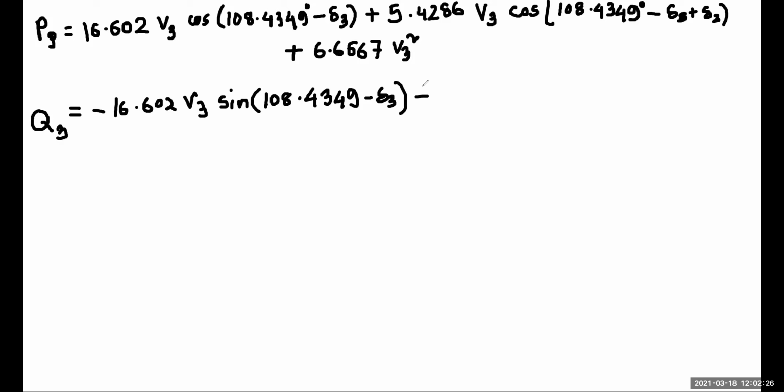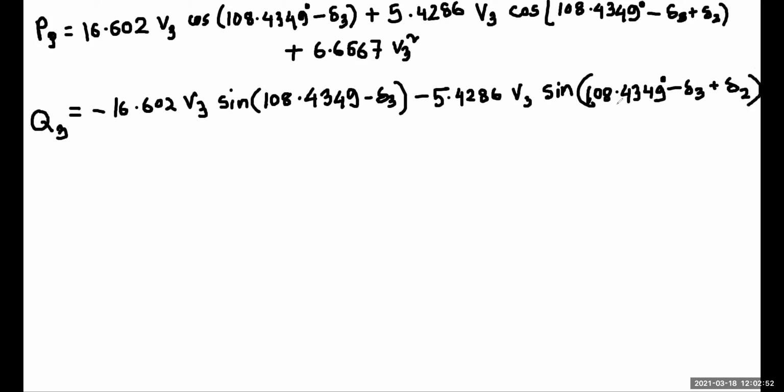This one will be minus as well. 5.4286 V3, this one will be sine. 108.4349 degree minus delta 3 plus delta 2. This one, however, is changed because here you have no cos. So this one will be what? Tell me what you got.